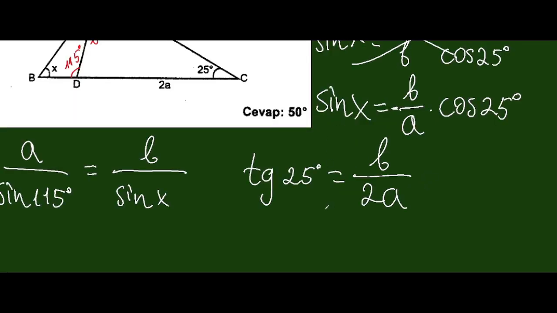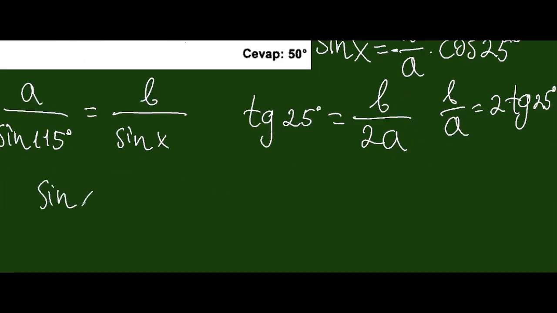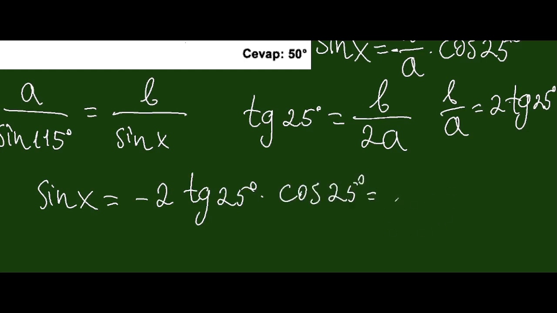And here we can plug in, b over a will be 2 times tangent 25 degrees. Here we can plug into it, and this will be minus 2 tangent 25 degrees times cosine 25 degrees, and it will give us minus 2 sine 25 degrees.